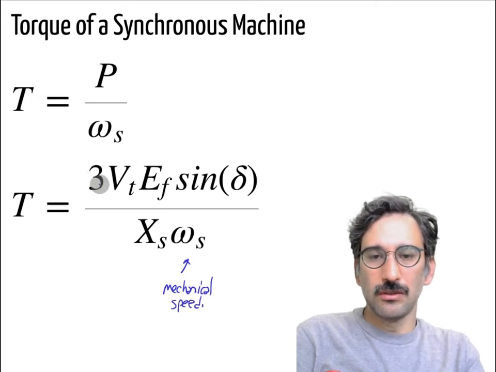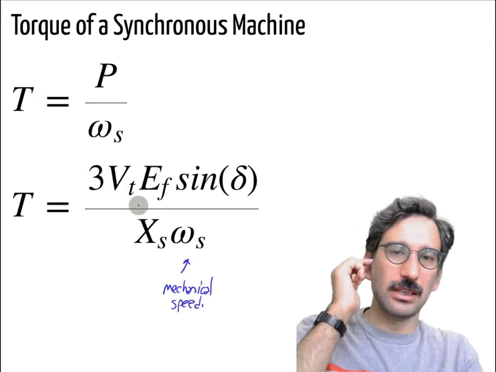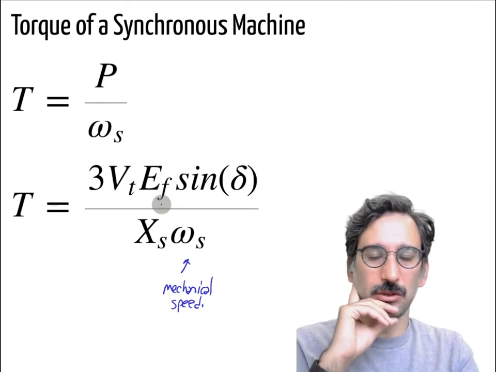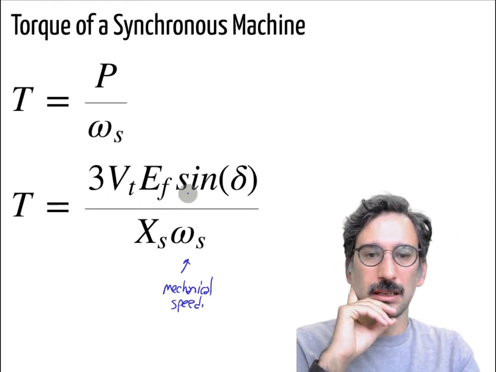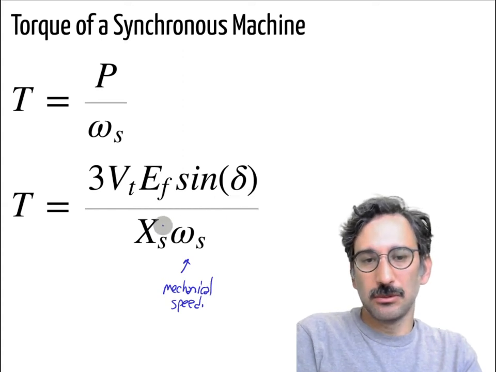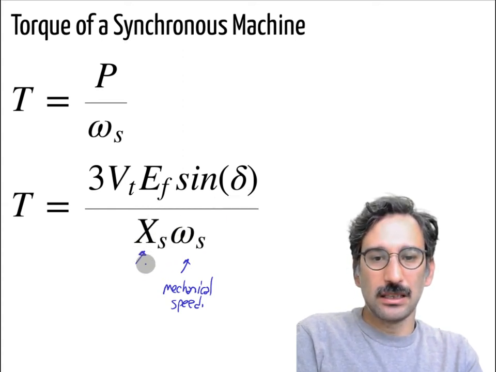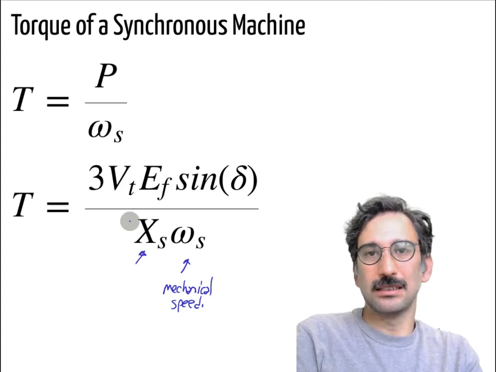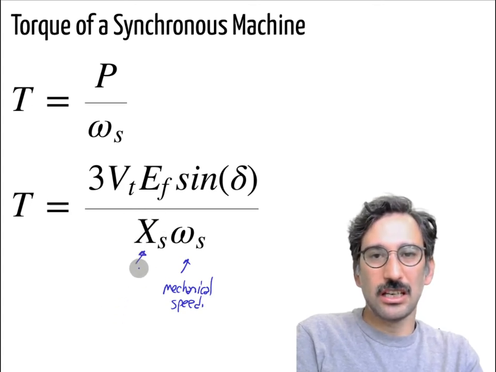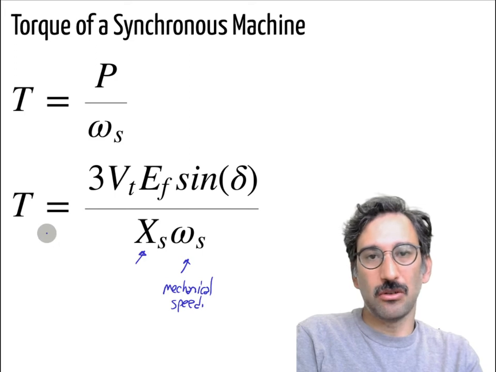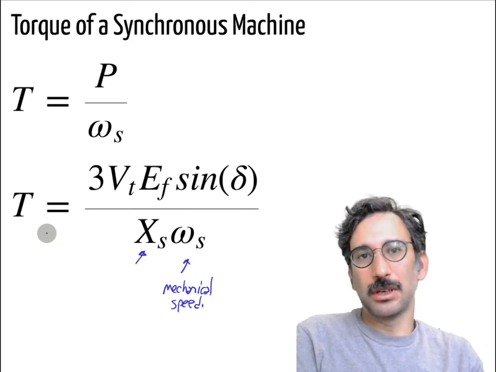Torque will be equal to 3 times Vt times EF, RMS magnitudes, sine delta divided by XS omega s. Again, XS is not the inductance; it is omega L, so there is another omega term in it, but that is with respect to the electrical frequency.